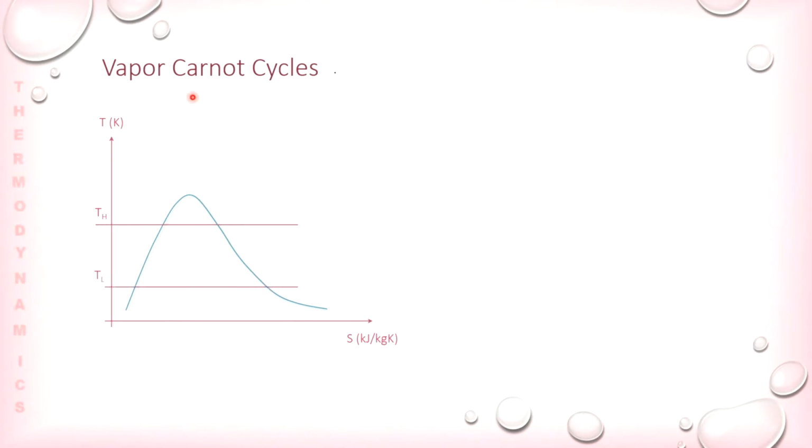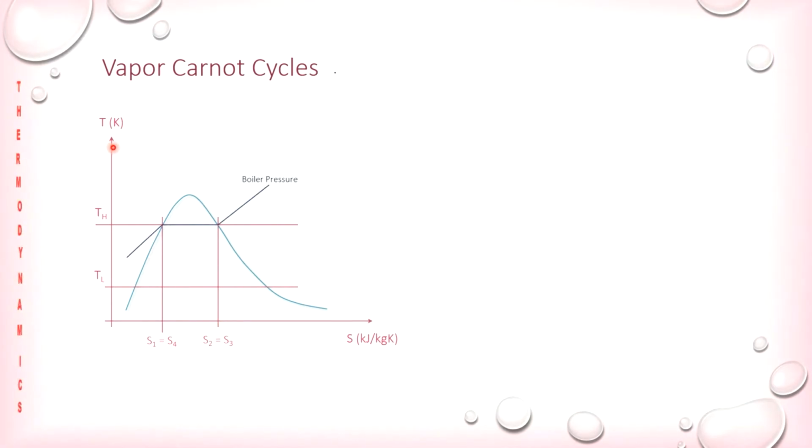On the TS diagram for a vapor Carnot cycle, you have the high temperature and the lower temperature. The higher temperature, TH, is usually the heat source, and TL is usually the heat sink. You have two isothermal lines, constant temperature lines, and two isentropic lines, that is the reversible adiabatic.